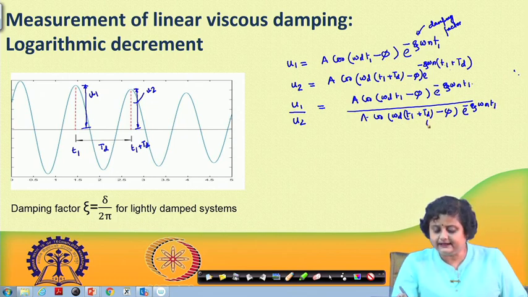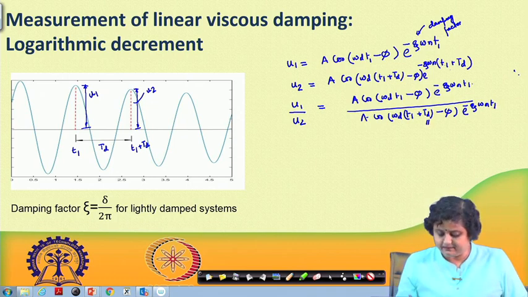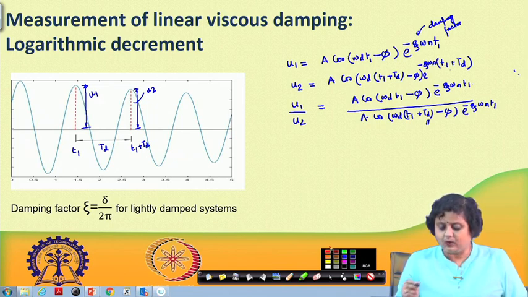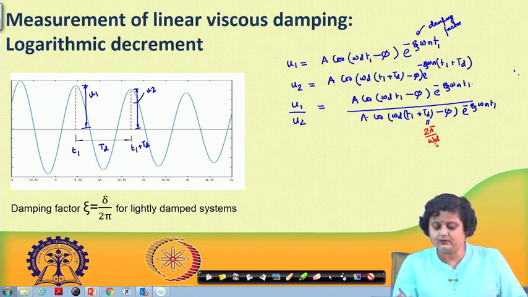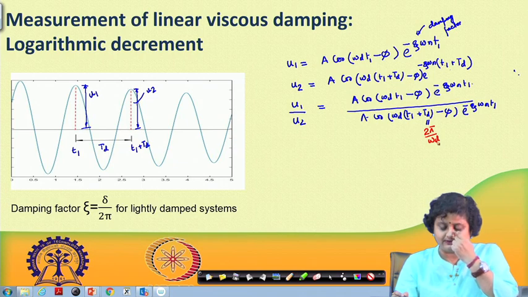Now, this Td is nothing but one time period of the response. That can be written as 2 pi by omega d, because this system is now oscillating with the frequency omega d, which is the damped natural frequency of the system.